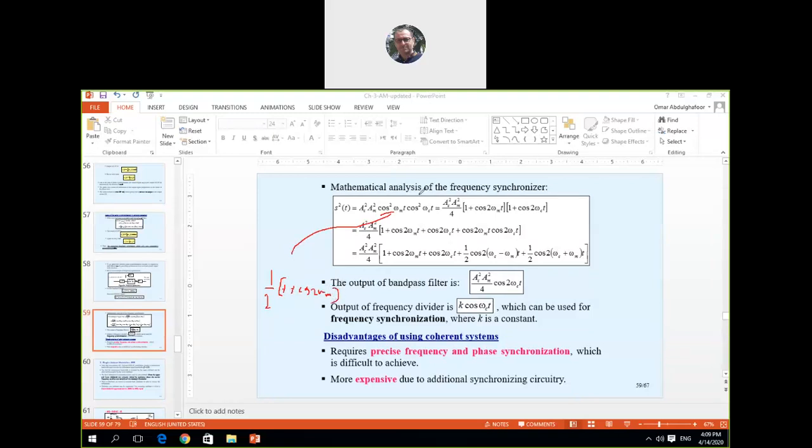With the other cosine squared also giving half, we have a factor over 4, with 1 plus cosine 2 omega m t and 1 plus cosine 2 omega c t. By rearranging and multiplying, we reach this equation. After that we pass it through a bandpass filter, for example centered at 2 f sub c or 2 omega c, and then we receive only this term.